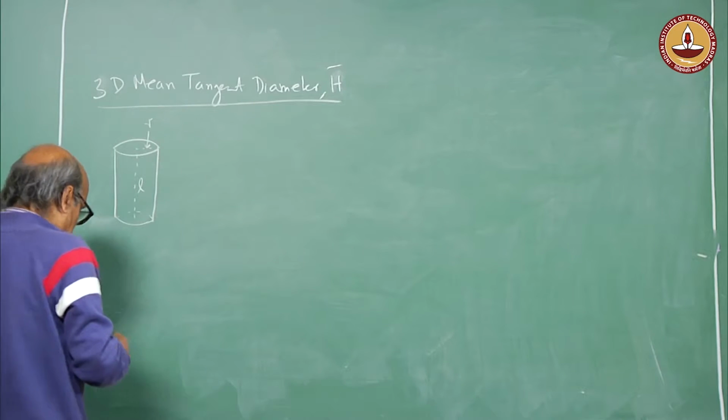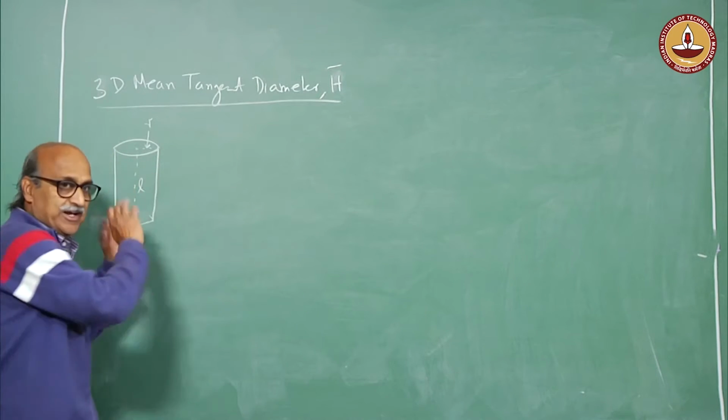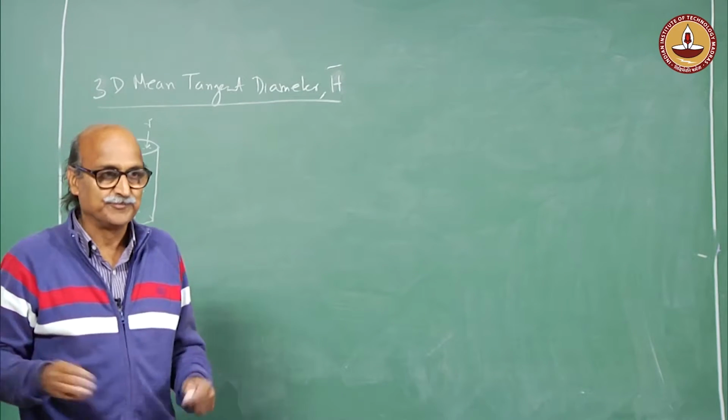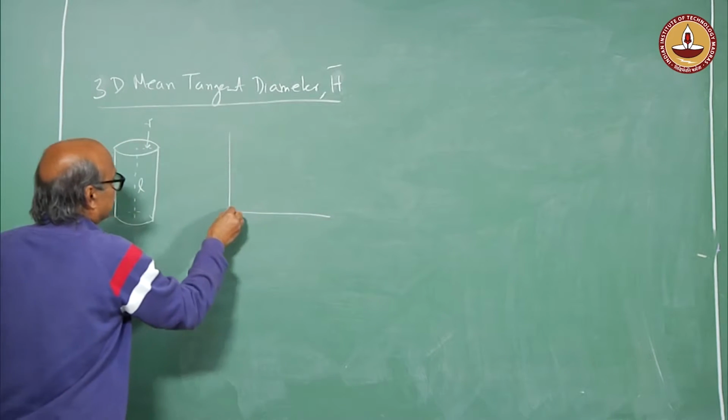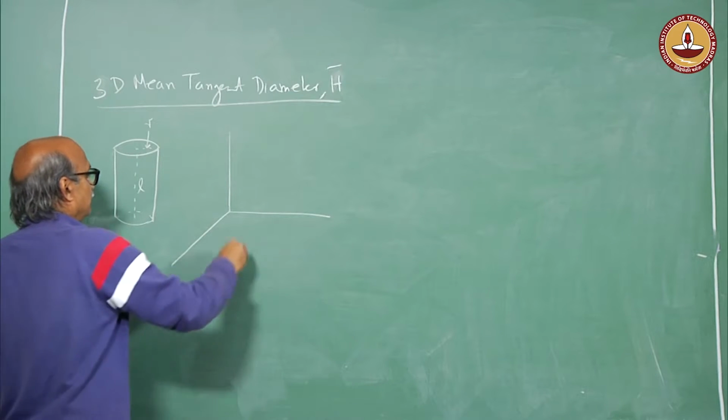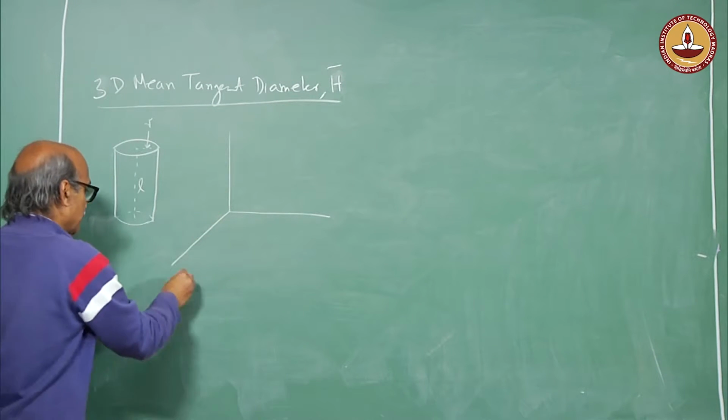So, now let us first define an orientation for this cylinder. Just like I had put the rectangle, I am going to put it in a very similar way.